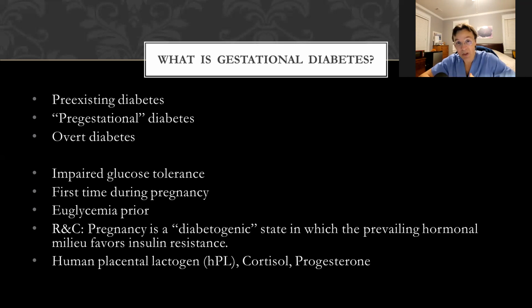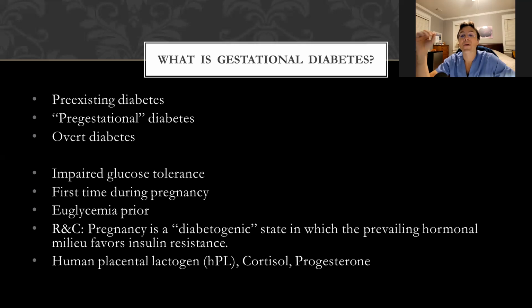It's produced by the placenta, particularly by the syncytiotrophoblast, and it has numerous functions, but one of them is to keep your sugars above normal, right? It has also been suggested that cortisol and progesterone play a part in that hormonal milieu.